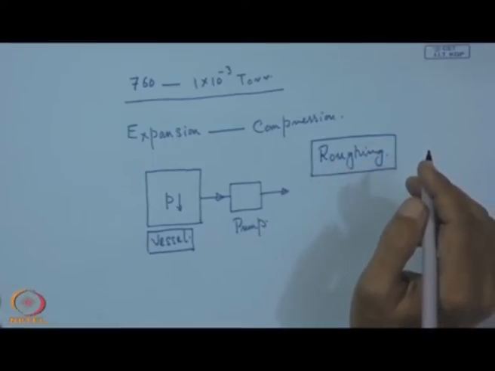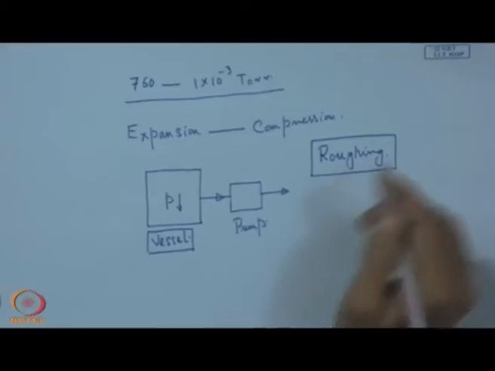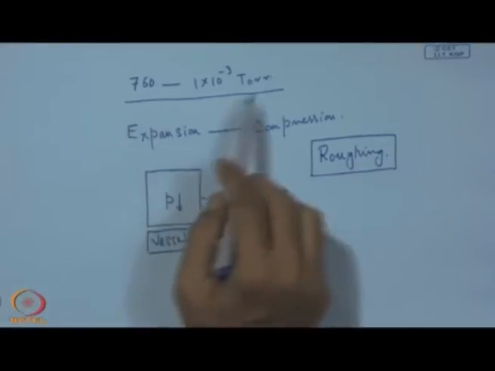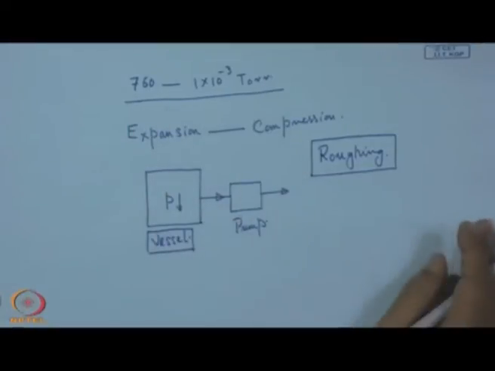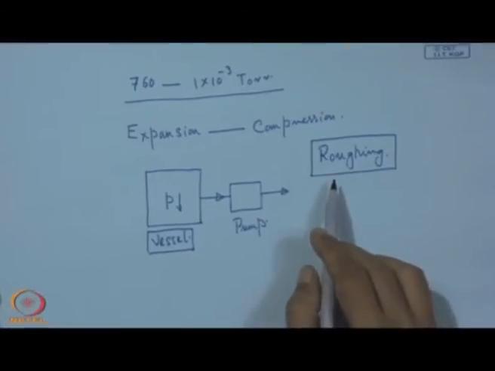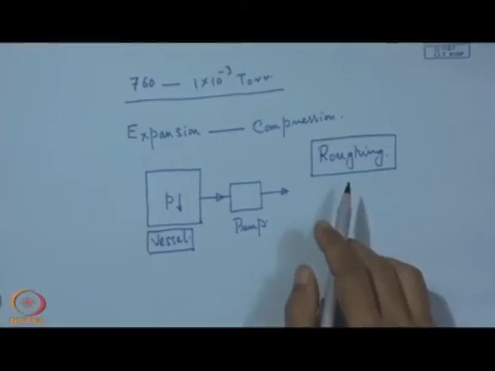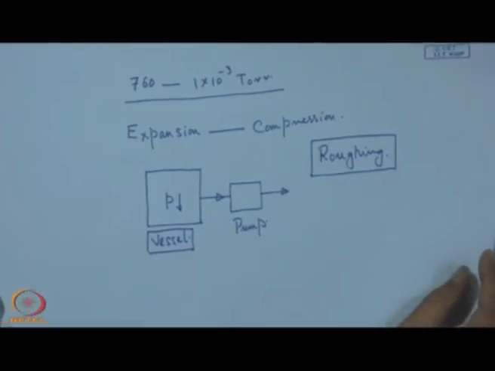Roughing means getting the pressure down within this range and not below that. In this roughing operation it is mostly a rotating pump, but we do also have non-rotating pumps.